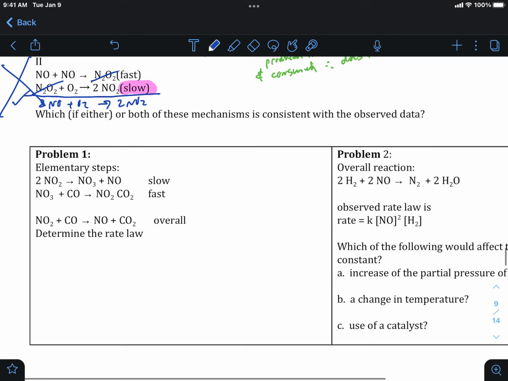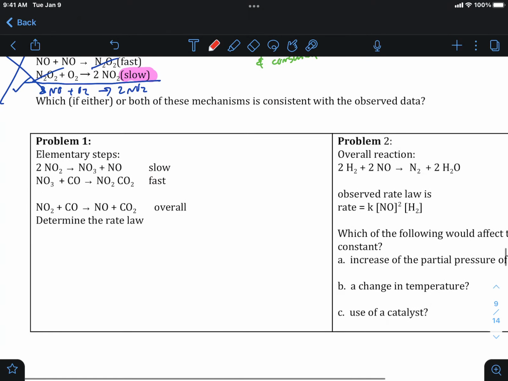So let's look at problem 1 here. Here I've got an overall reaction. So here I'm proposed the mechanism. Do these two steps algebraically add up to the overall reaction? Well, let's see. I've got NO3 made and NO3 consumed.